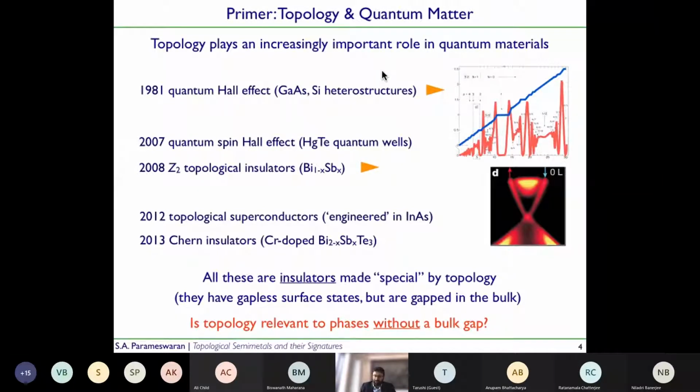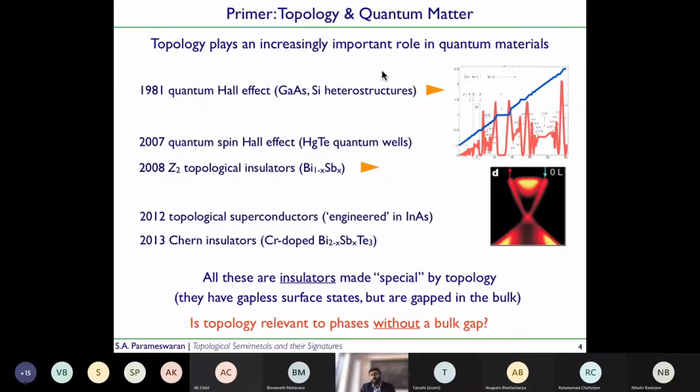So about, let's say, 10 years ago, people started asking whether you could make sharp statements topologically about phases that lack a bulk gap. Are there cases where the bulk isn't insulating, but instead has some interesting physics going on on its own? So it's either a metal or a semi-metal as opposed to being a semiconductor or an insulator.